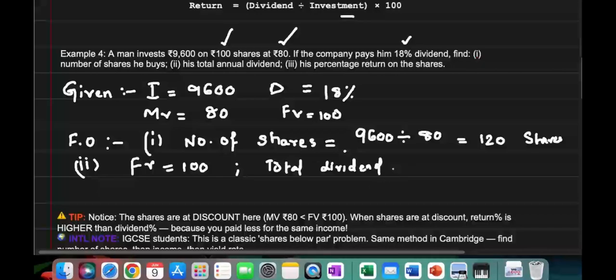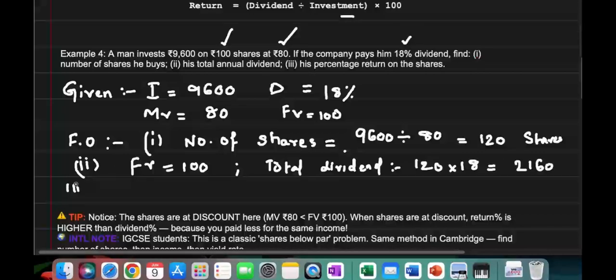So the total dividend will be 120 multiplied by 18. 120 shares will yield how much dividend? That will be equal to 2160 rupees. This is the second one.